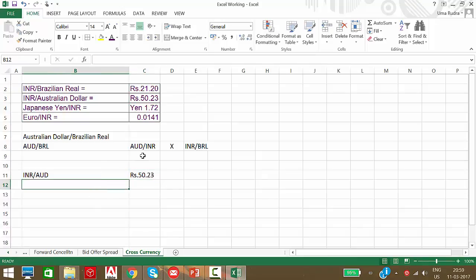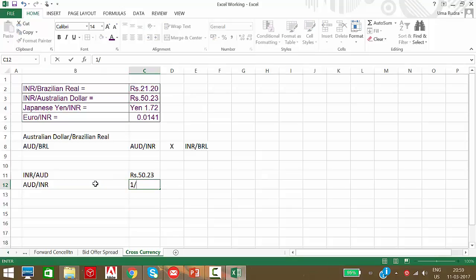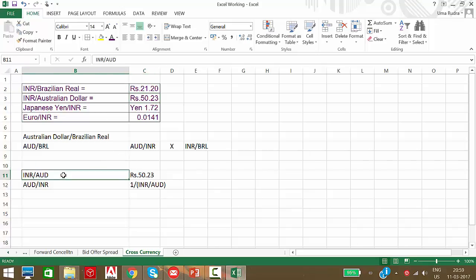But what I actually want is Australian dollar per unit of Indian rupee, so it is nothing but the reciprocal. How can I get that? 1 divided by INR per AUD, which I have.